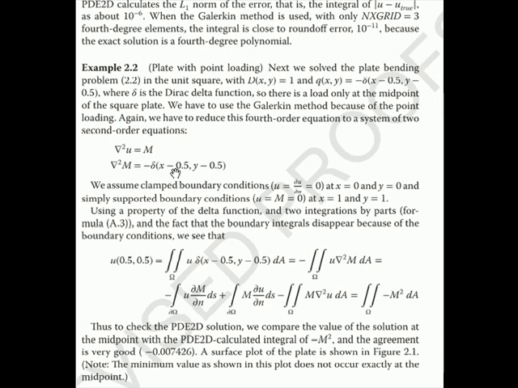So it's a square plate, and right in the middle at 0.5, 0.5, there's a delta function.